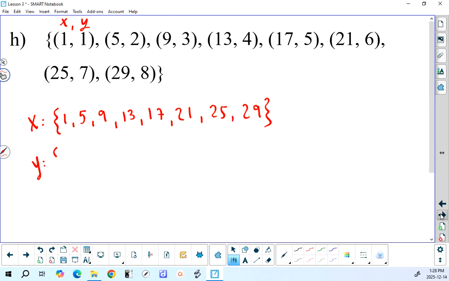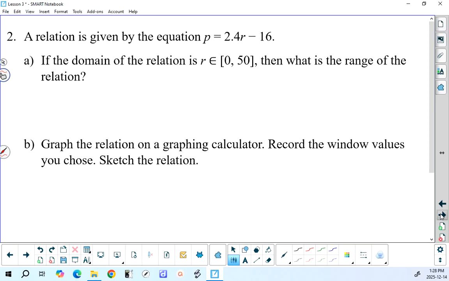The range is the set of all of the y values, which looks to be 1, 2, 3, 4, 5, 6, 7, and 8. So that's domain and range with just some practice off of graphs and other data sets or lists of ordered pairs.